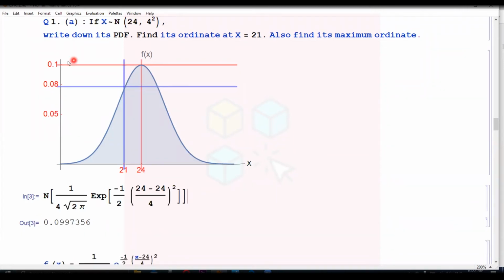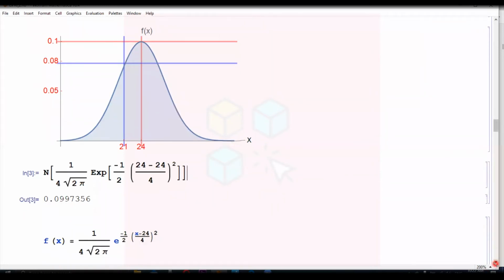And from the figure you can see that it's near 0.1. The red line parallel to the x-axis touches the peak where the maximum ordinate exists, and numerically this value is 0.099, and visually you can observe that it's near 0.1.